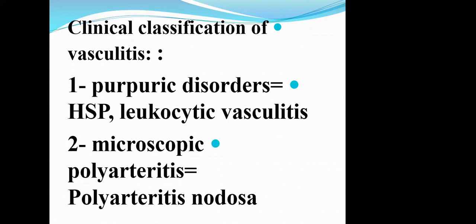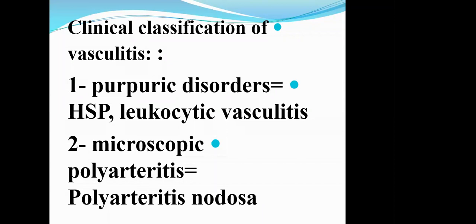And we have a plaque, which is larger than petechiae. And we have ecchymosis, which is also a larger one, larger than petechiae. All of these are purpuric disorders due to vasculitis. And we have Henoch-Schönlein purpura and leukocytoclastic vasculitis.